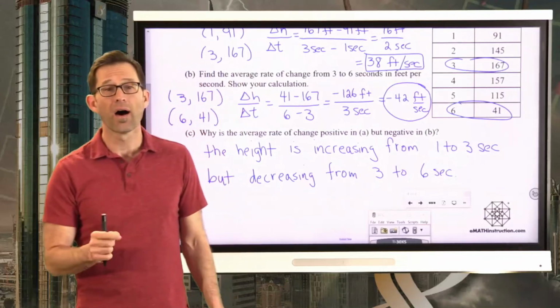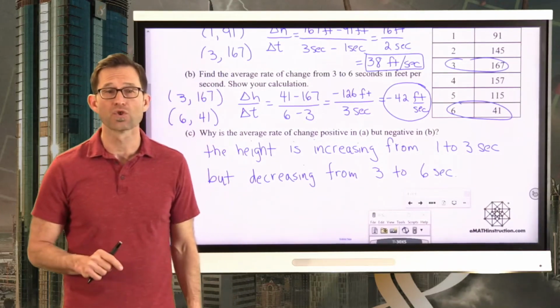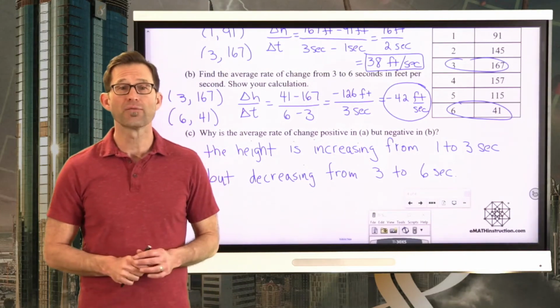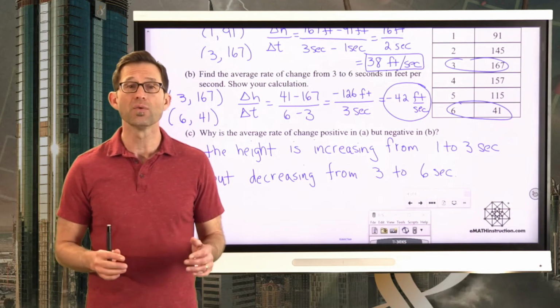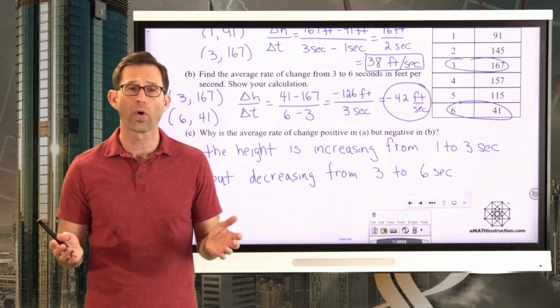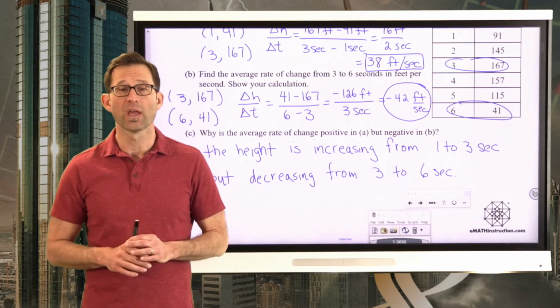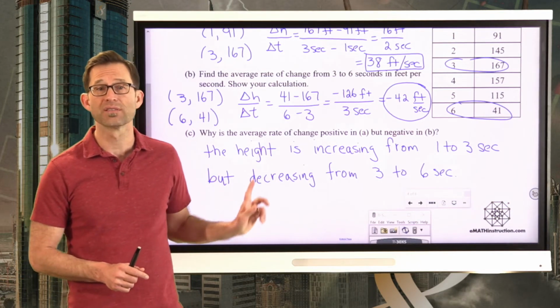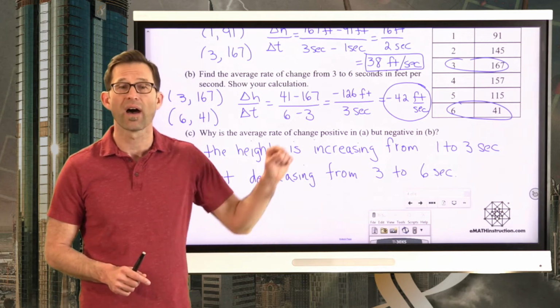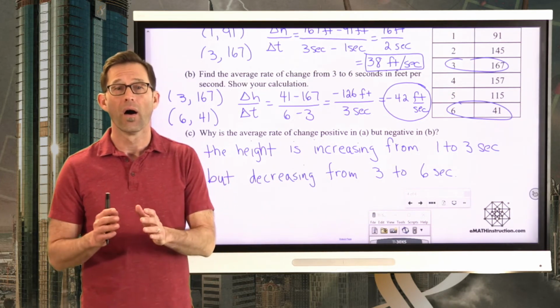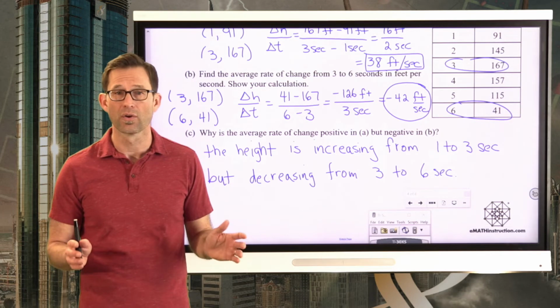And that is what the sign of the average rate of change will tell you. So if the average rate of change is positive, that tells you that the function is increasing overall on that interval. And if the average rate of change is negative, that tells us that the function is decreasing. The values are going down overall on that particular interval.